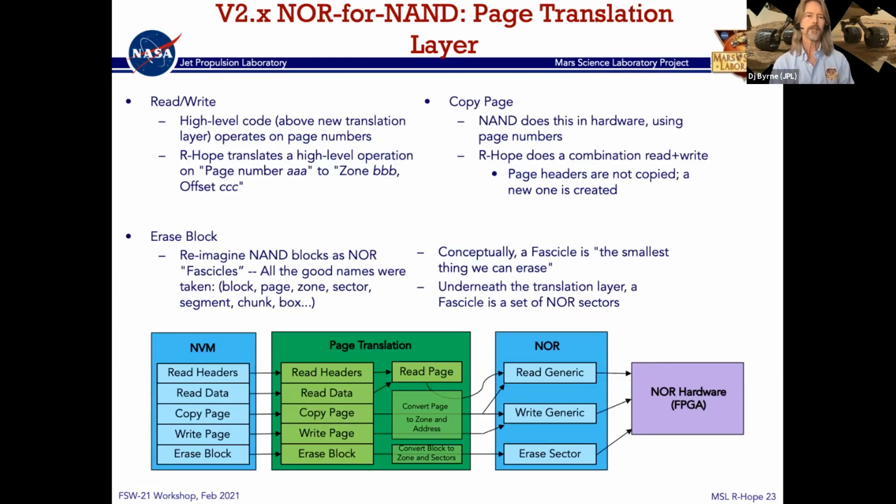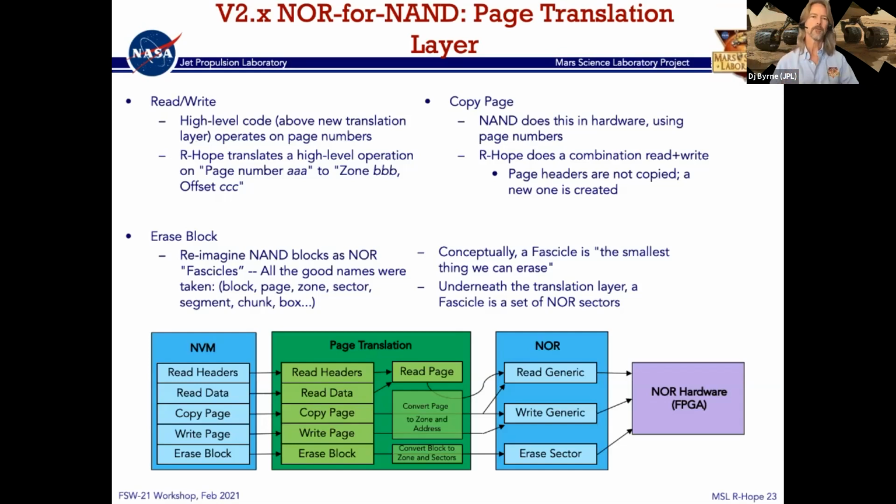And here we see, on erase block, because the software kind of knew it had blocks, it always wanted to erase half a megabyte at a time. But the NOR sectors were either 16 kilobytes or 128 kilobytes, depending on where you were addressing. So we had to take a page number, convert it to a zone and address, and then have some concept for what is the thing I can erase.